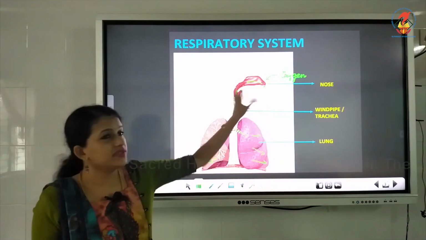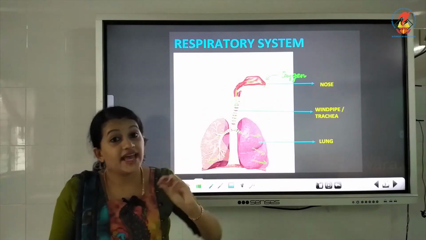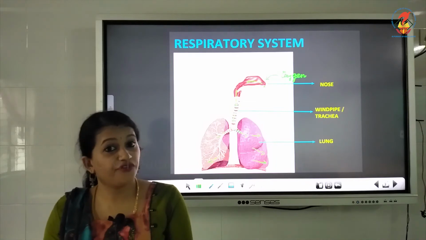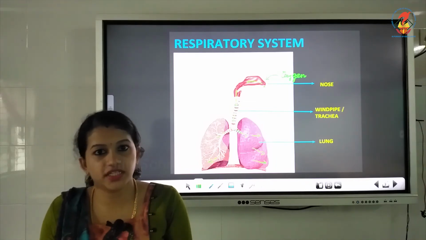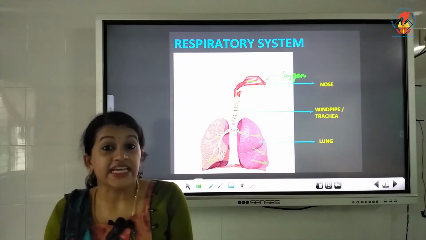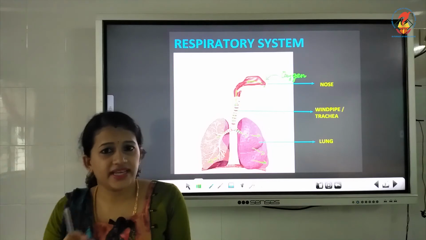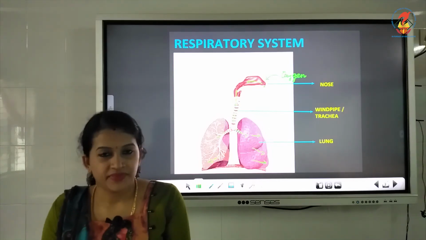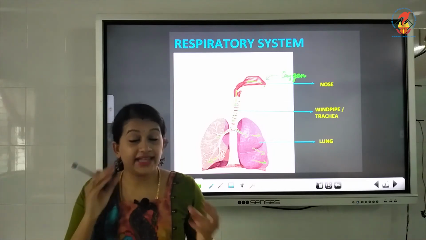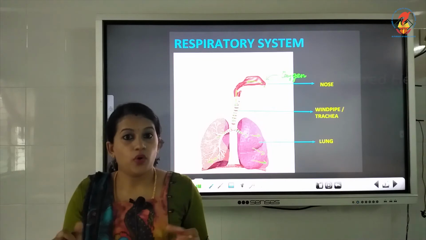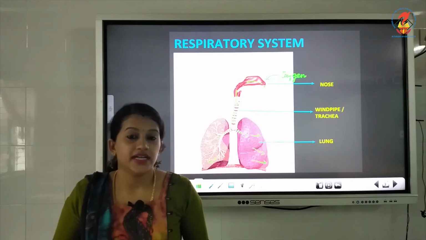And you know that the air around us will have a lot of dust particles also, isn't it? Inside our nose, if you just touch and see, you can see tiny, very small hairs present inside our nose. And this hair inside the nose will trap, or block, all the dust particles.